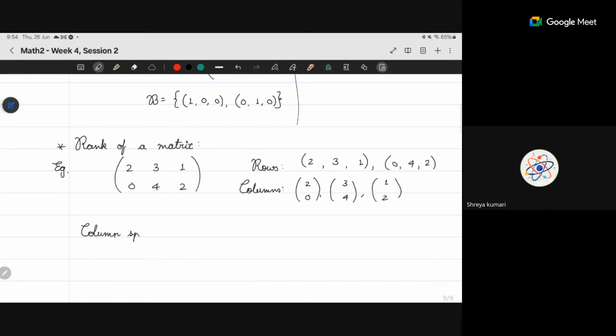So what is the column space of A? This is the span of the columns of A. In this case, it is the span of, I'll just write it as the row representation just because I want to write it in one line.